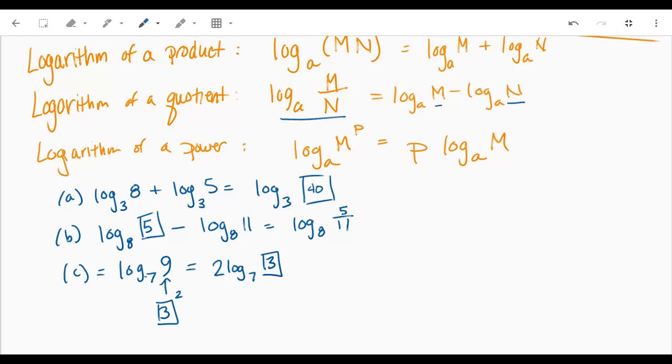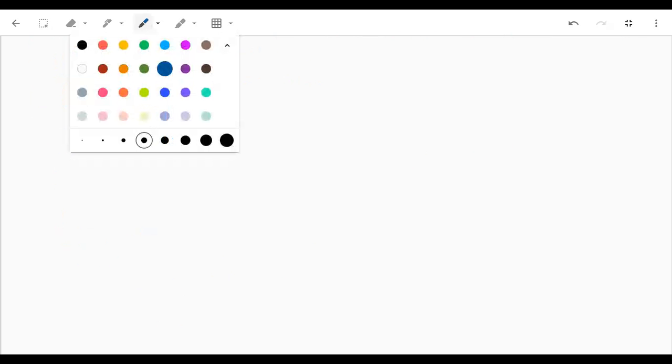Next, we're going to do all kinds of fun puzzles with those. So we're going to expand logarithms using those properties. Expanding a logarithmic expression.